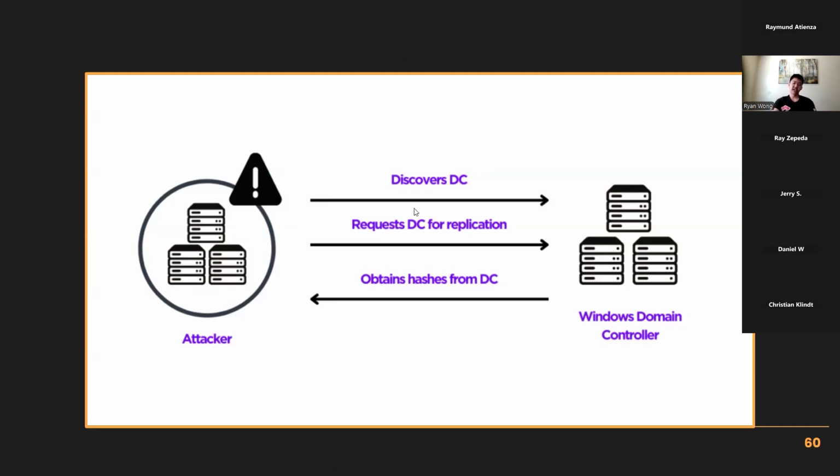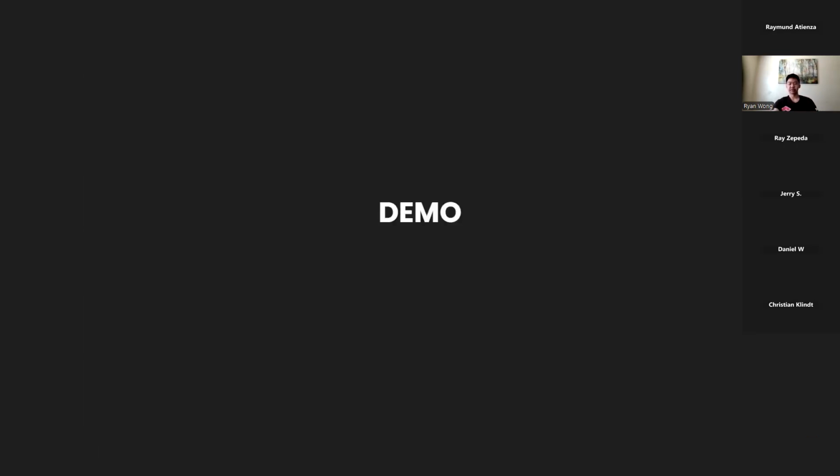An attacker discovers a domain controller and requests replication. The DC then returns the hashes for all the domain users because you're trying to replicate it, right? So it's kind of self-explanatory. You get all the hashes from the DC, so then you can use those hashes to authenticate as whoever you want, right?